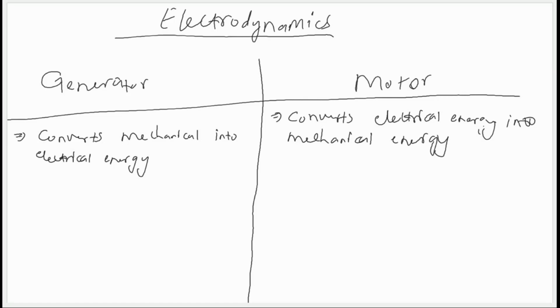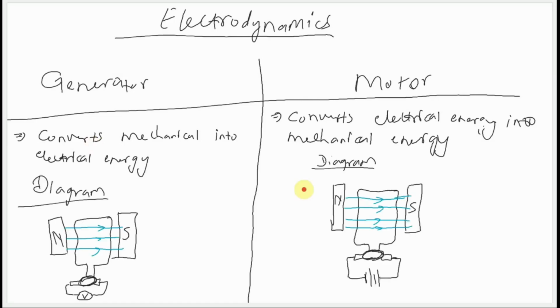So I'm gonna draw some diagrams here in order for you to see what these two machines look like. So here you can see that I drew some diagrams. This is how the machine basically looks like, but you won't see this in everyday life because it's just the system which controls how the machine works.